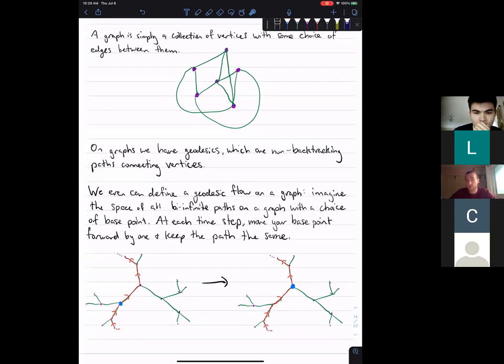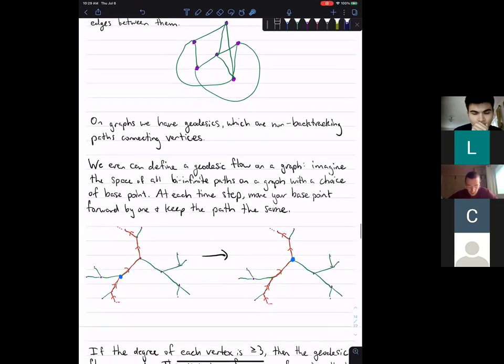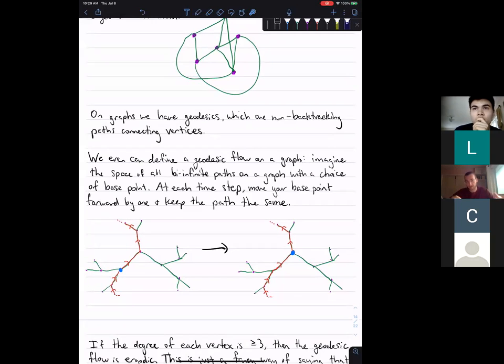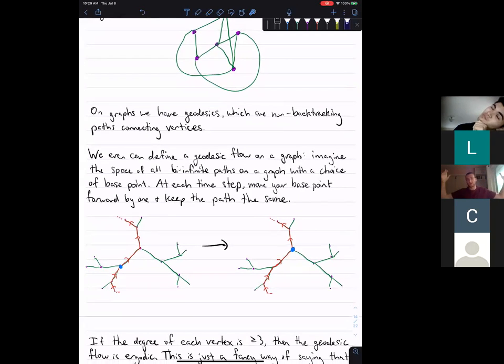On a graph, you can talk about geodesics. Geodesics are just going to be non-backtracking paths connecting vertices. And on a graph, you can even talk about a geodesic flow and a tangent bundle. When you unpack it, it's actually a simple concept, but it's hard to describe in words. You should imagine constructing the space of all paths on a graph.